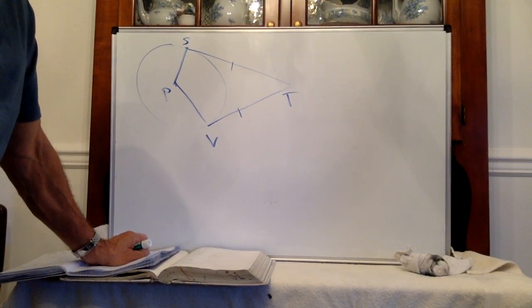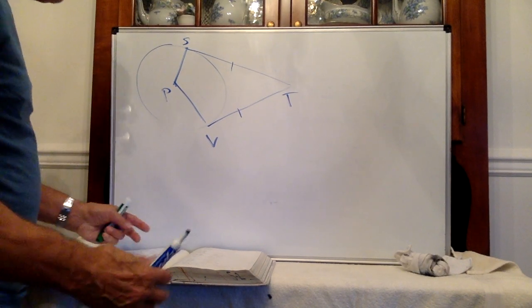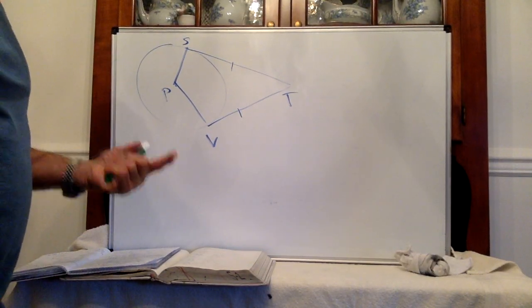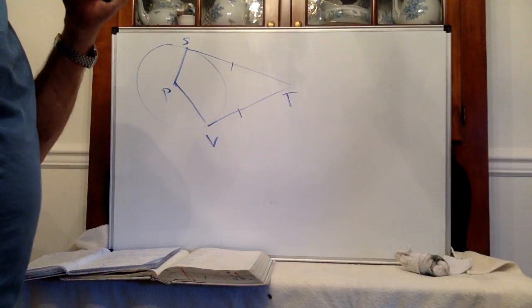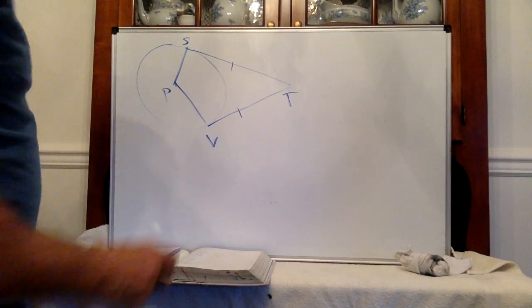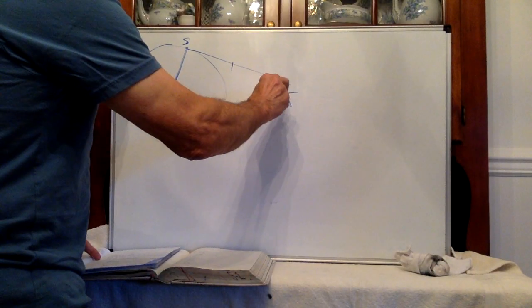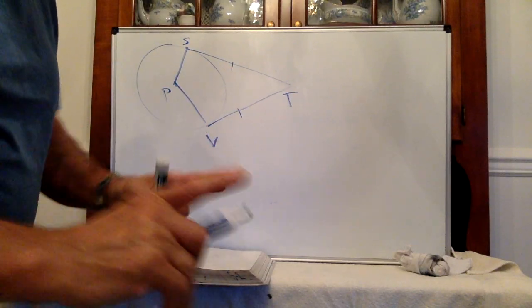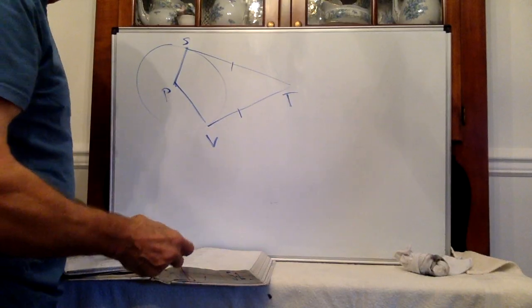All right, as this is drawn, I don't have any triangles, so somehow I'm going to have to get triangles, and there's 2 ways I could do that. I can either draw PT or I could draw SV. There's 2 totally different ways of doing this proof. I'm going to just show you one of them. I'll give you a quick explanation of the other.